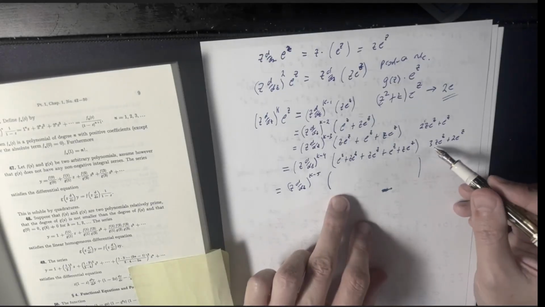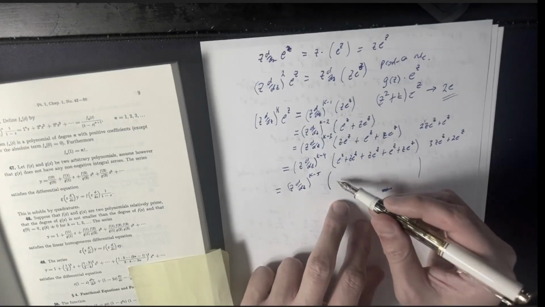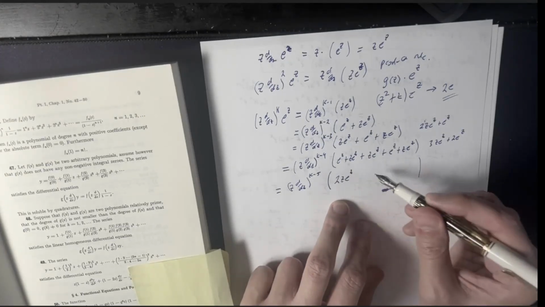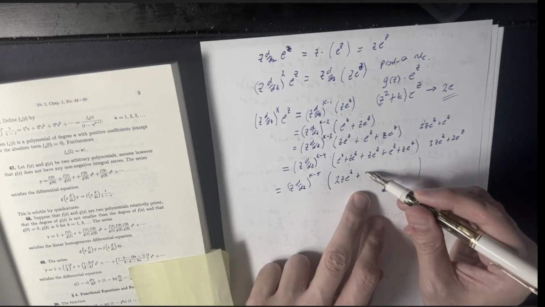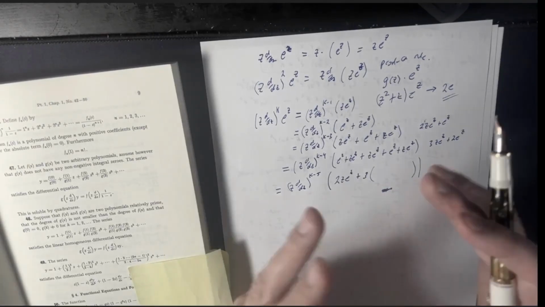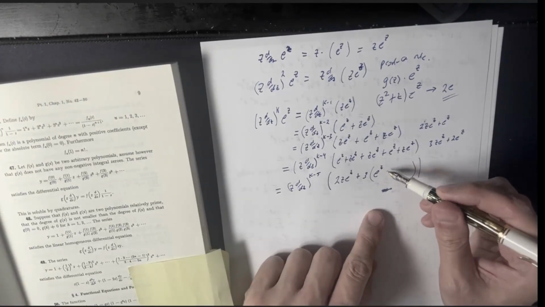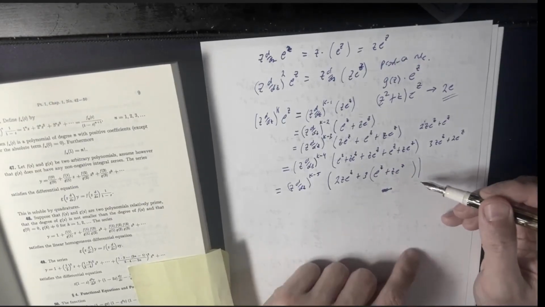But anyway, you can see here you're getting 2z e to the z, and then from this guy you get 3 of the dual terms, e to the z plus z e to the z, like that.